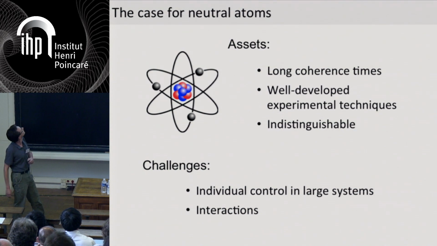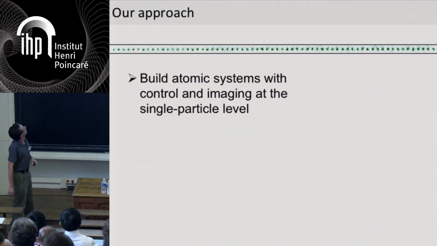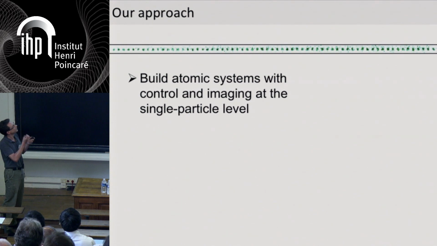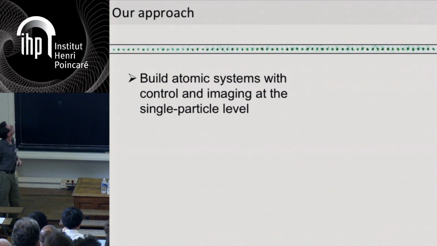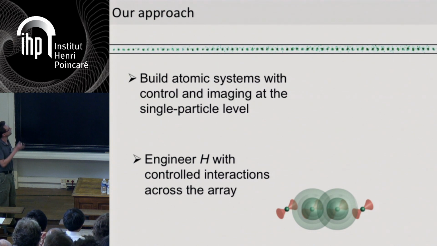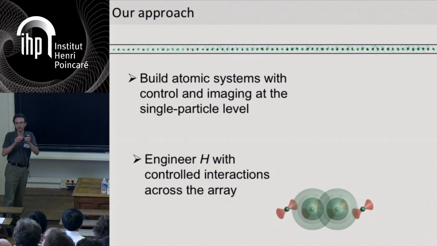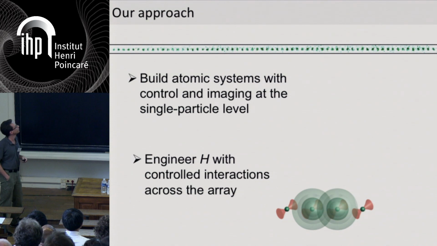Otherwise, it's boring. Right, so the approach in this talk is to build these atomic systems by using neutral atoms with individual control and imaging. I'll tell you how in a second. And then to engineer some desired Hamiltonian by adding the extra ingredient of controlled interactions across the array of individual atoms.